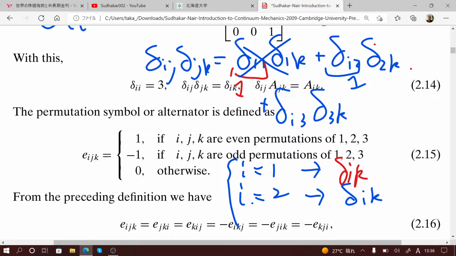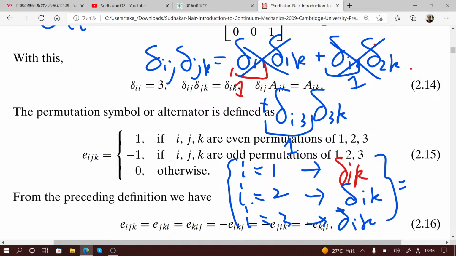If i equals 3, the others are 0 and delta i3 is 1, so we have delta 3k, which is delta ik. So anyway, we see everything is delta ik.